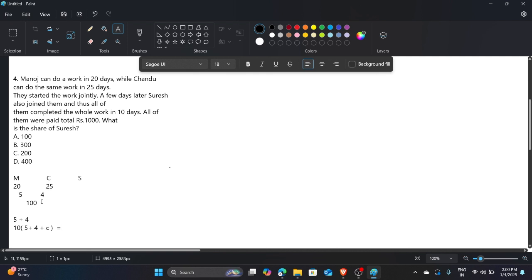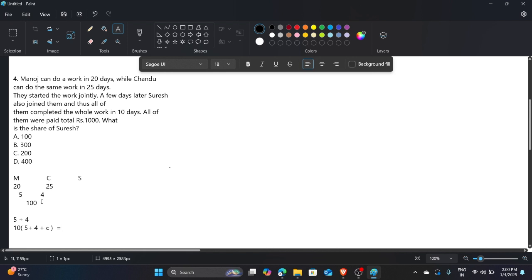Sorry, yeah, it is correct, I think. 50 plus 40, 90 units of work has been done by Manoj and Chandu, and the remaining work is done by Suresh in the remaining days.